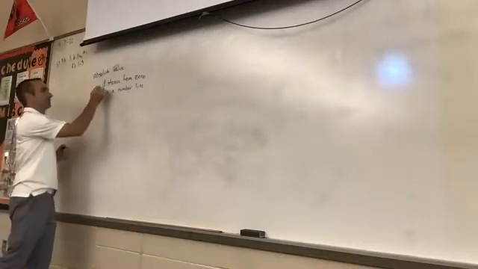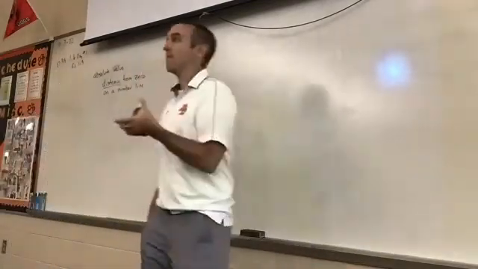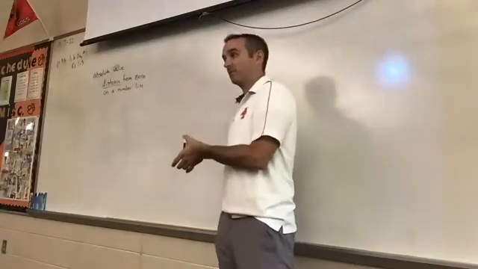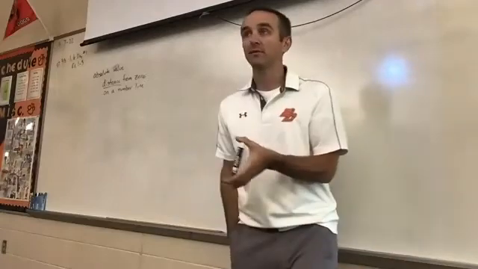The key word there is distance. That keyword distance is the one that tells us that our answer is always going to be positive. Because distances are positive. You can't have a negative distance. You can't have a negative length. Right?